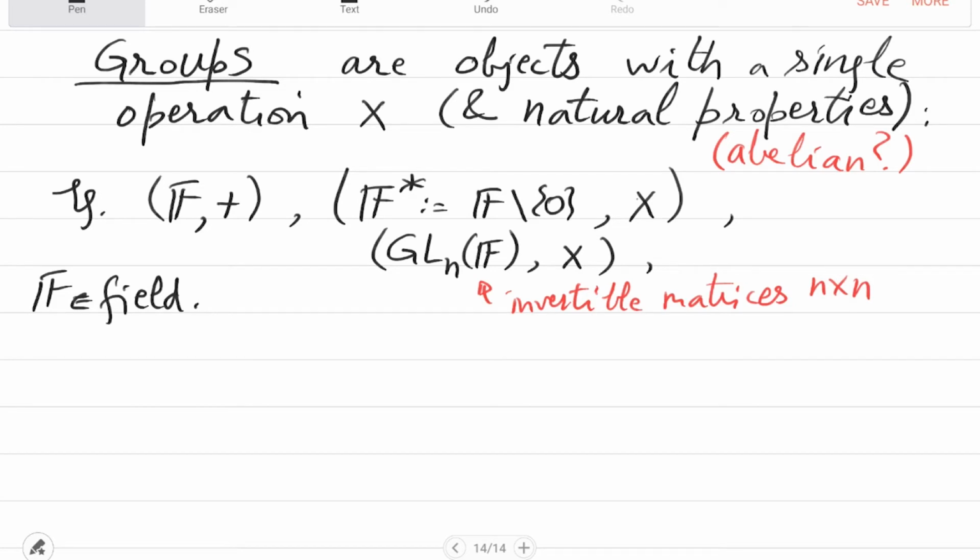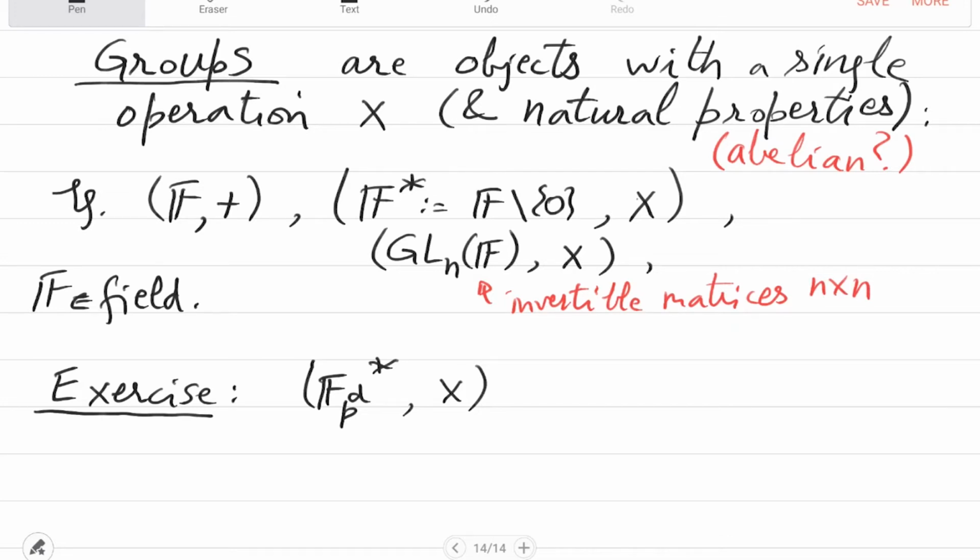Okay, so let me leave this with an exercise, which is a very useful property in this course. What can you say about the finite field F_p^d star with multiplication operation?